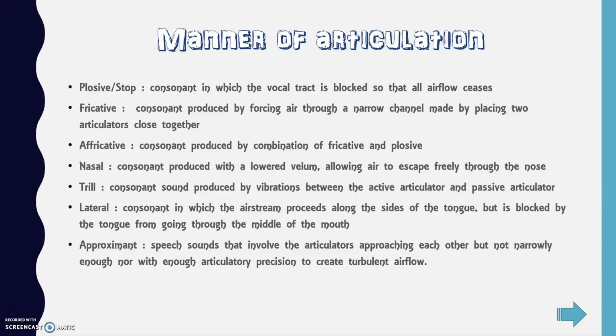The example is L. And next, the last is approximant. Approximant is a speech sound that involves the articulators approaching each other but not narrowly enough, nor with enough articulatory precision, to create turbulent airflow. For example, the consonants W and Y.